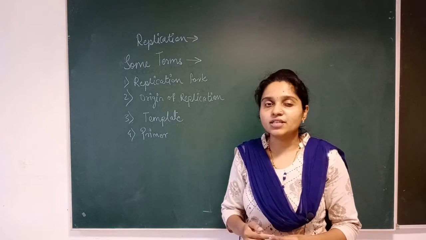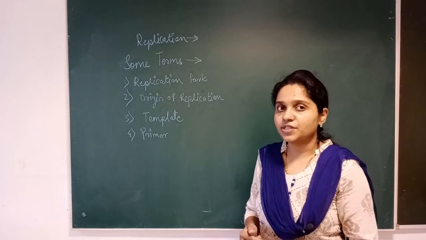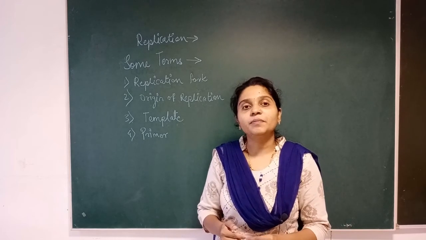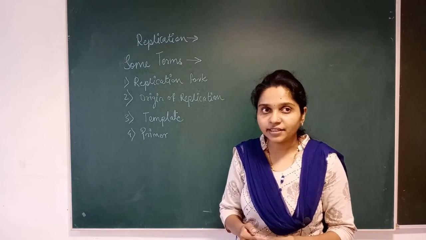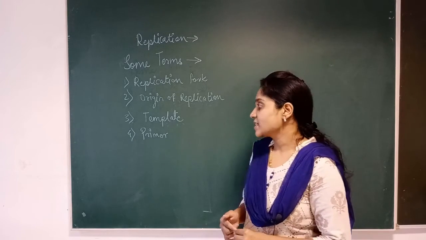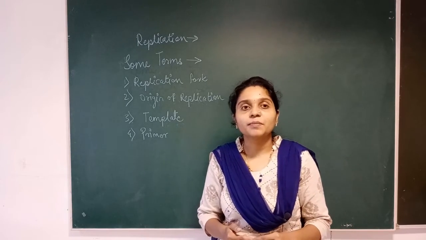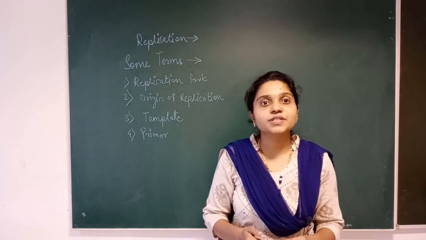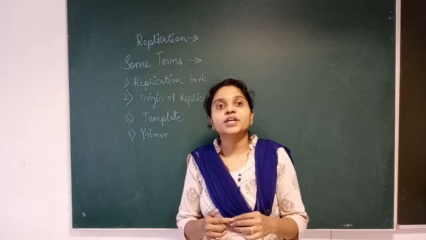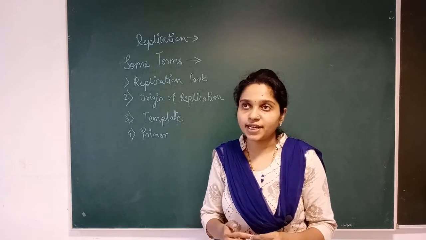The next one is template. Template is a DNA strand from which a new strand is to be synthesized. The next one is primer. Primer is a sequence which is required for the synthesis of newly formed DNA strands.